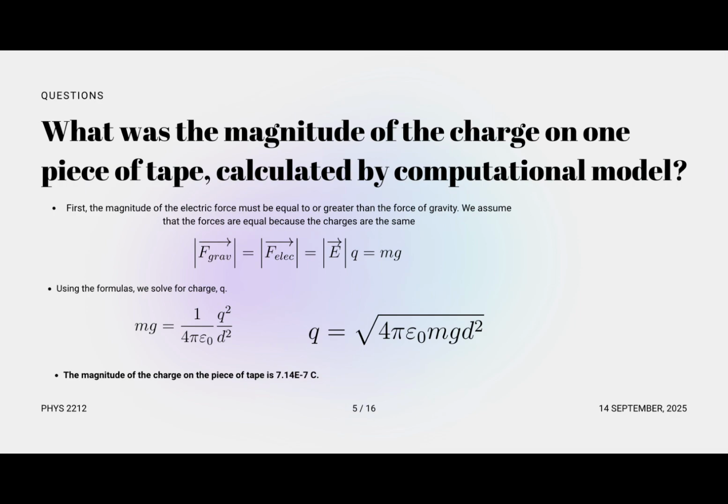What was the magnitude of the charge on one piece of tape calculated by computational model? To solve the magnitude of the charge, the first thing we did was that the magnitude of the electric force must be equal to or greater than the force of gravity. We assume that the forces are equal because the charges are the same.